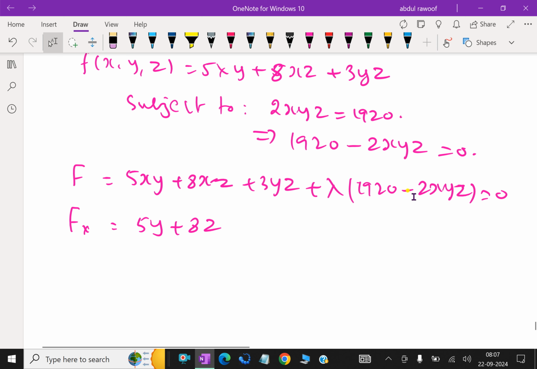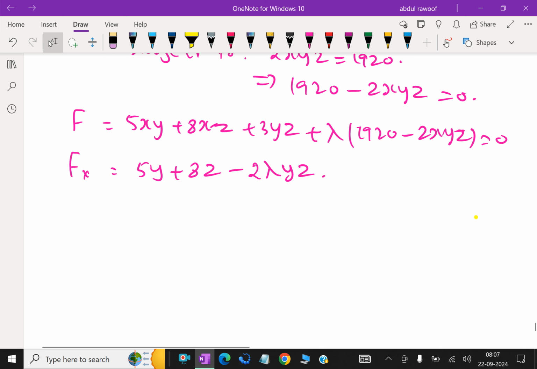Then lambda times minus 2xyz, differentiating with respect to x, gives minus 2 lambda yz. That equals 0.